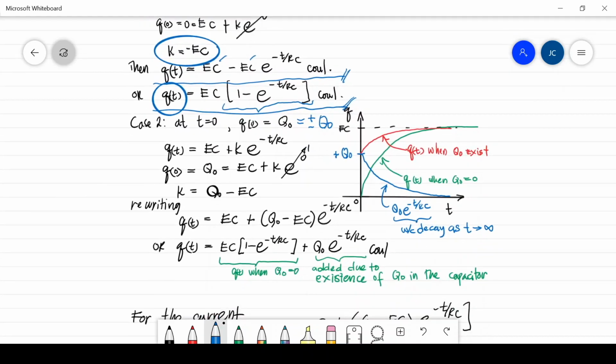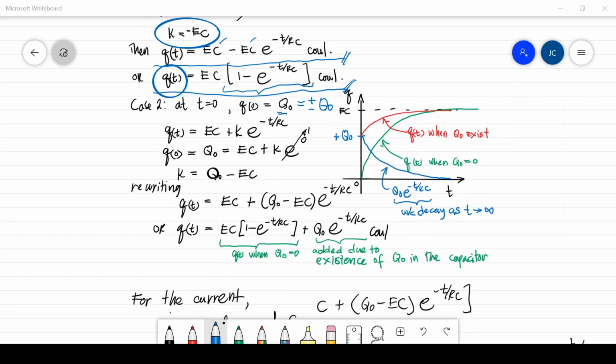In case 2, at time 0, the charge stored in the capacitor is equal to Q sub O, and this could be positive or negative depending on how it is connected in the circuit.